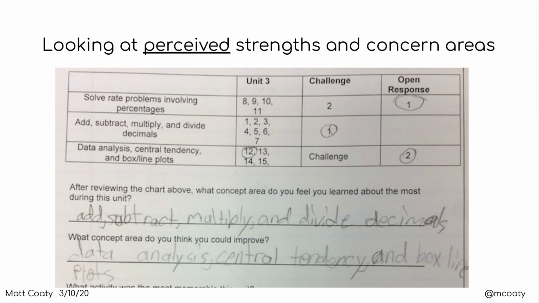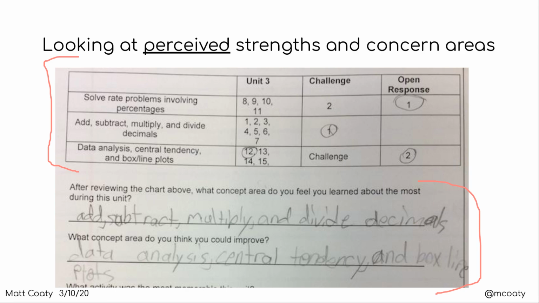So as students fill out the sheet that I showed you earlier, you can see at the top here, this is what we looked at earlier, where they go ahead and circle possible incorrect answers. And then below, we're looking at what concept area do you feel you learned about the most?